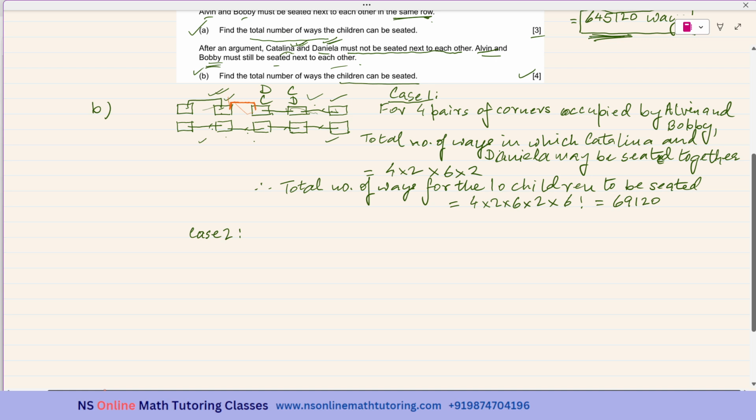And where can Catalina and Daniela be placed? If they are sitting next to each other, you cannot place them over here. You can place them over here, or over here, or over here, or over here, or over here. So how many places? 1, 2, 3, 4, and 5. Okay. So again, there will be 4 pairs of middle seats.